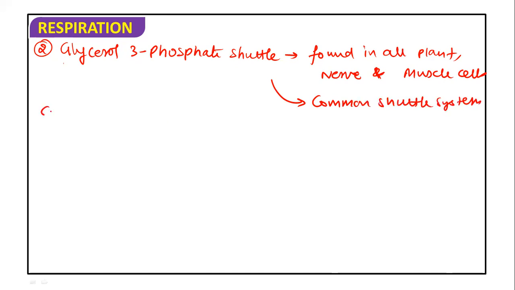So if I understand this, there is a cytoplasm, outer mitochondrial membrane, perimitochondrial space, inner mitochondrial membrane, and mitochondrial matrix.